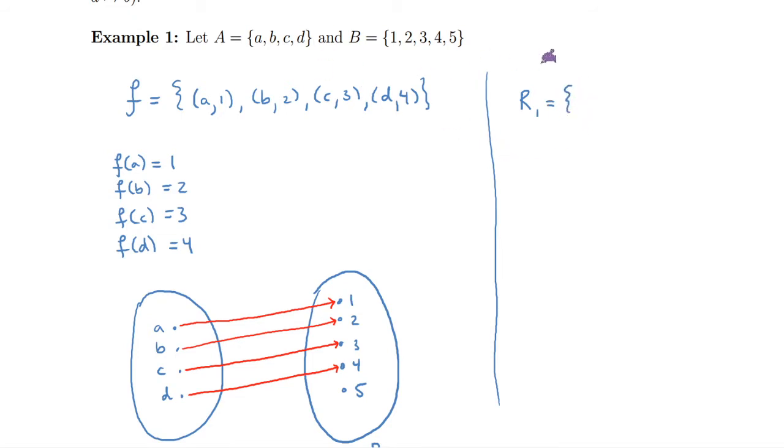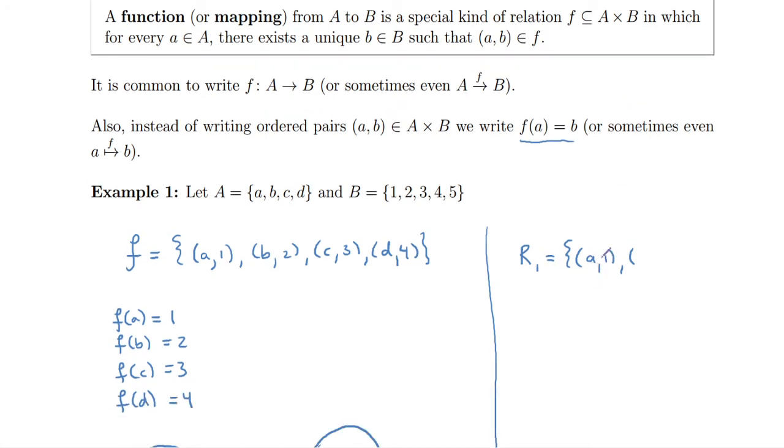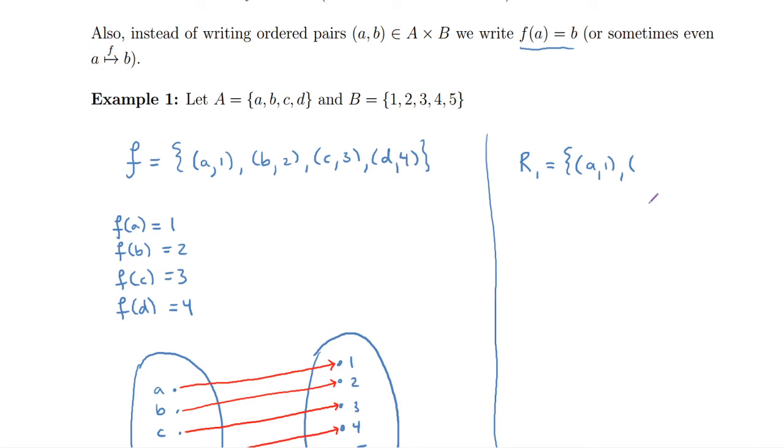I could have A get mapped to 1 as a mapping, but as a relation, remember, a relation just has to be a subset of A Cartesian product B. So I could have this pair, A1, but there's nothing stopping me from also making the pair A2, for example.